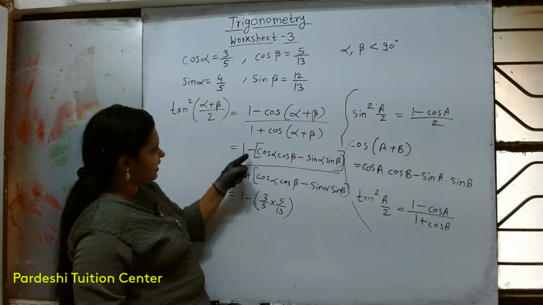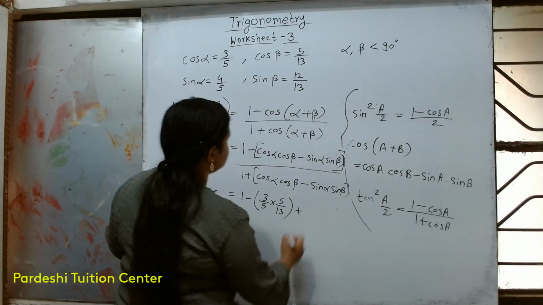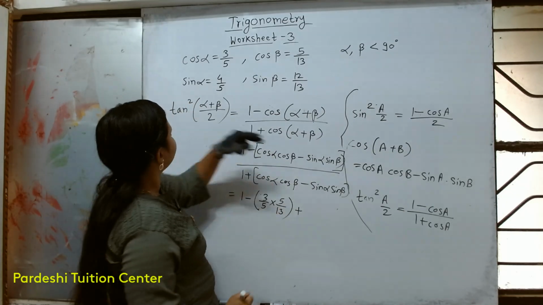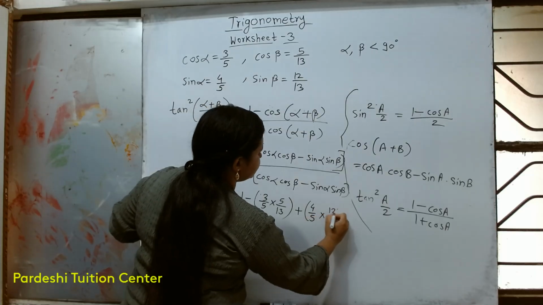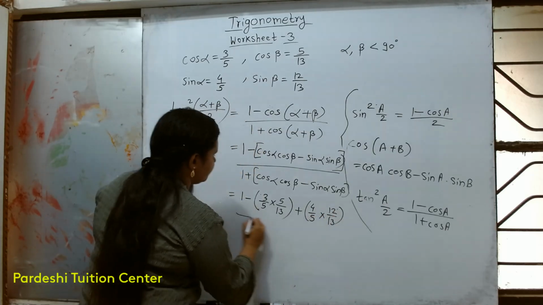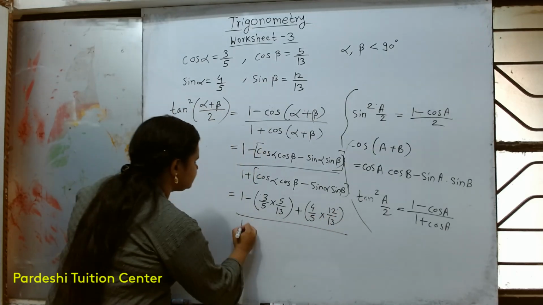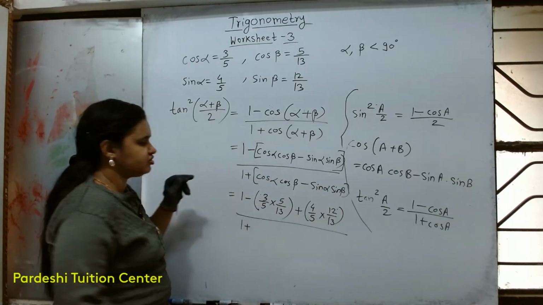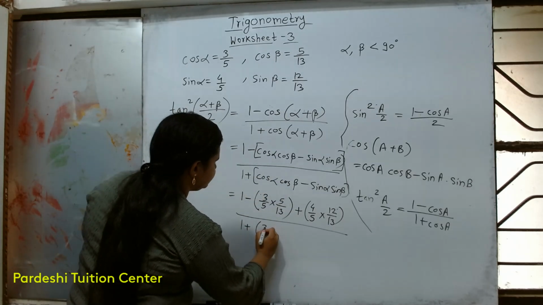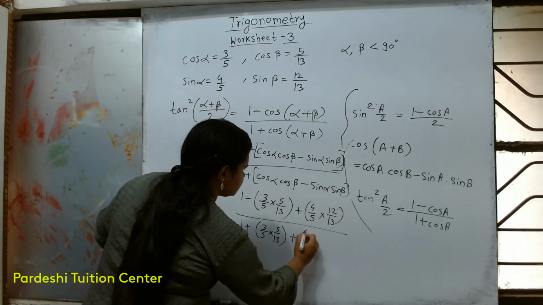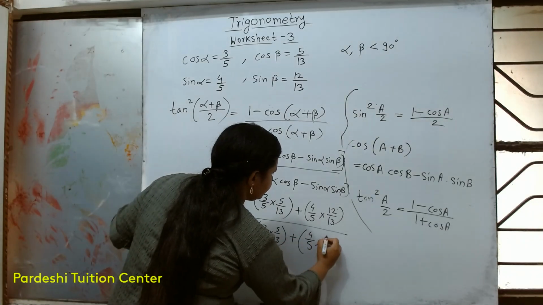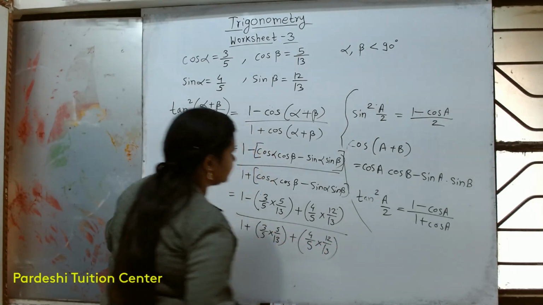Now minus minus will get plus, so it will be sin alpha sin beta, means 4 by 5 into 12 by 13. Upon 1 plus again cos alpha cos beta, so it will be 3 by 5 into 5 by 13 plus 4 by 5 into 12 by 13, okay.